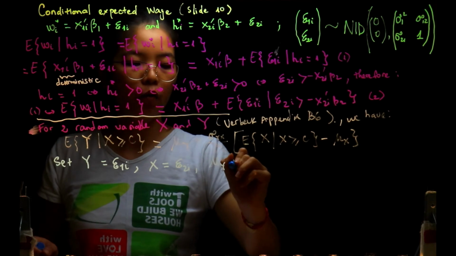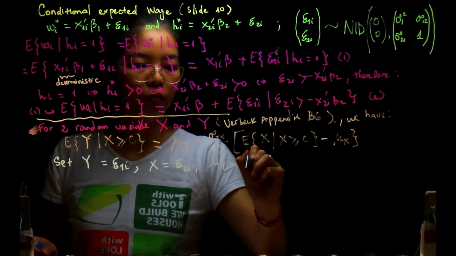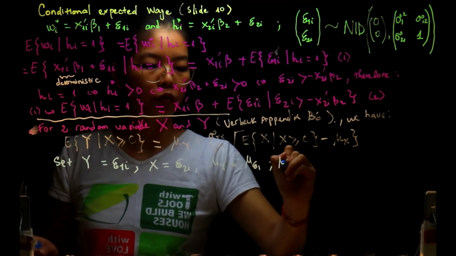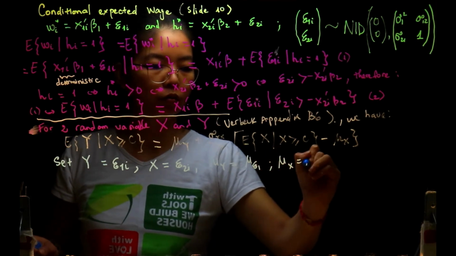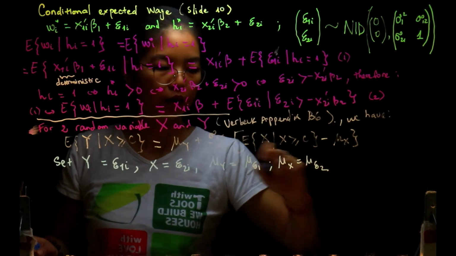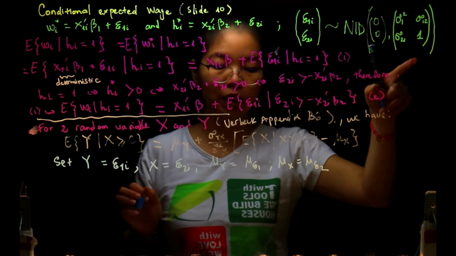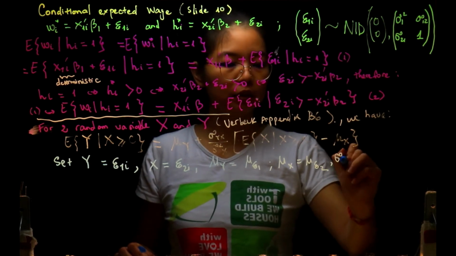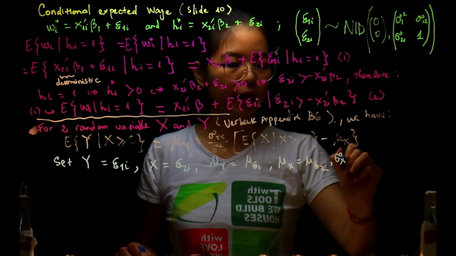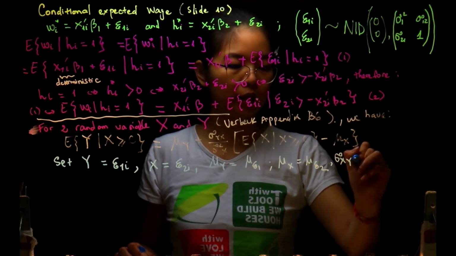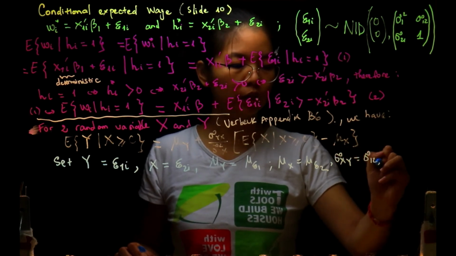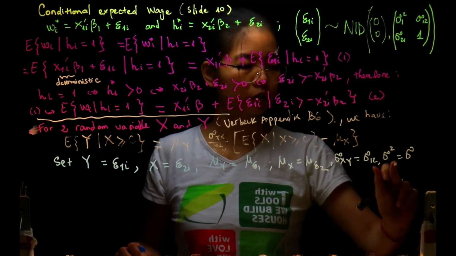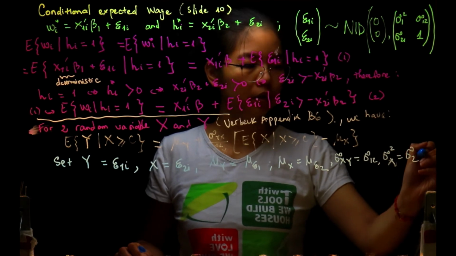Mu y equals mu epsilon 1, mu x equals mu epsilon 2. How large is that? We need the information over here later. Then sigma yx or xy, which is the same, equals sigma 1,2, and sigma square x equals sigma square 2 over here.